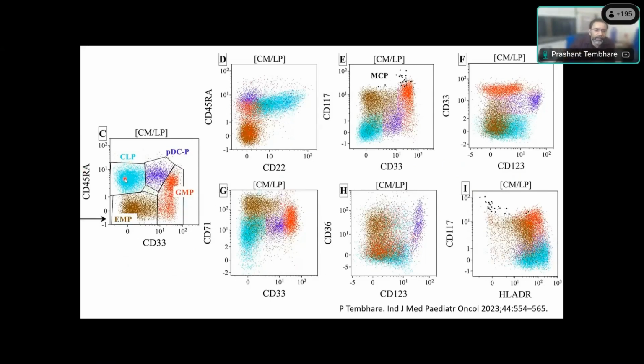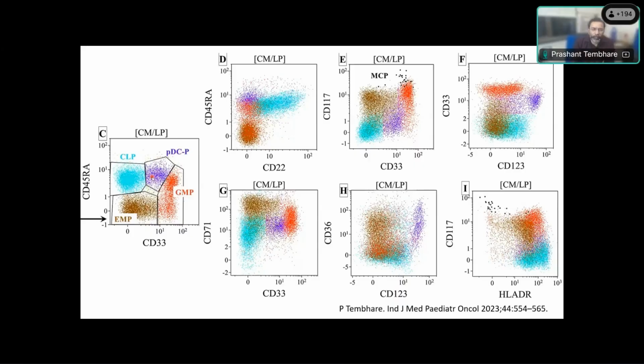Here the cyan blue is lymphoid precursor, the dark brown color is erythroid predominantly, because megakaryocyte precursors are very few in number. The red population indicates granulocytic monocytic precursor, and the purple color indicates dendritic cell precursor.